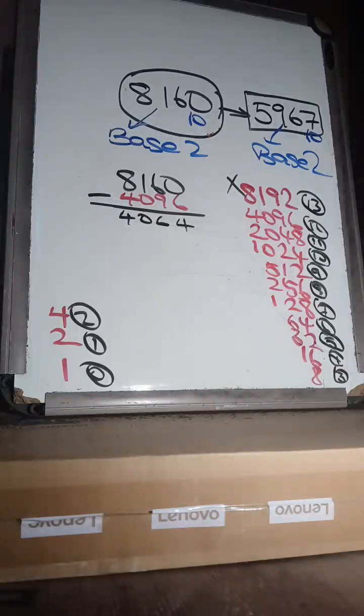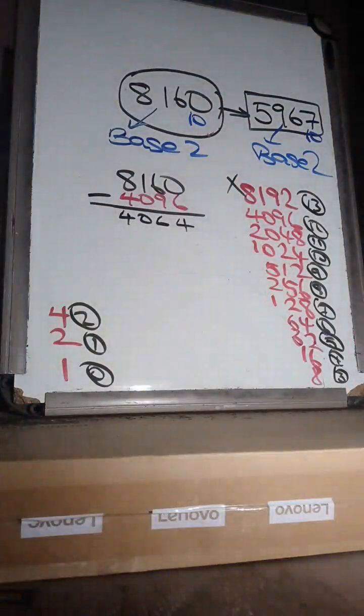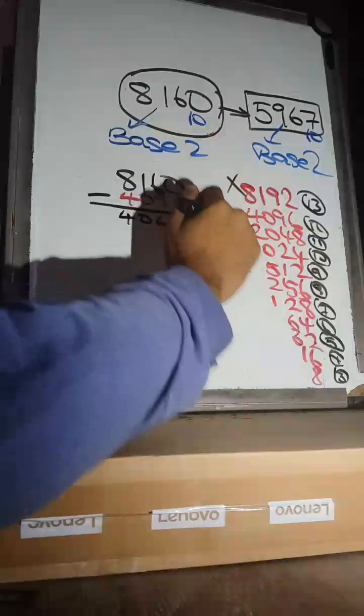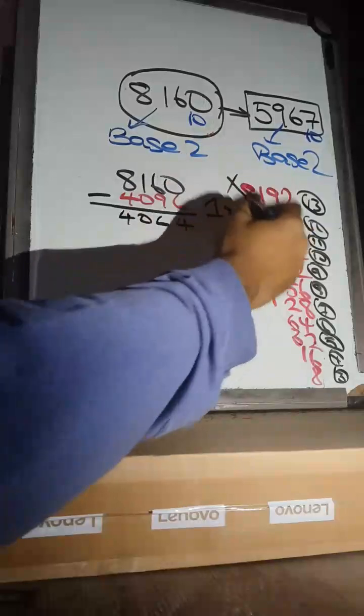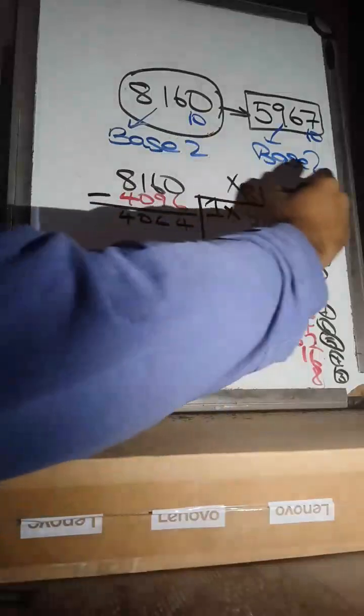Now, you can add them and see if that actually works. 4,064 plus 4,096. Yeah, and it worked. So, we have at least one of these. So I could just do this.